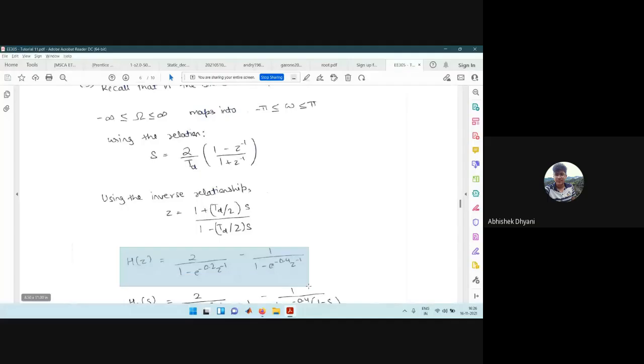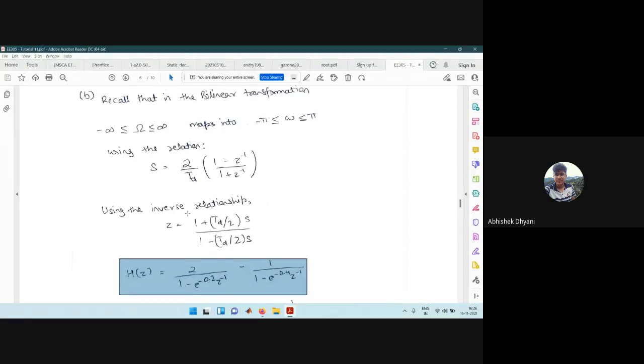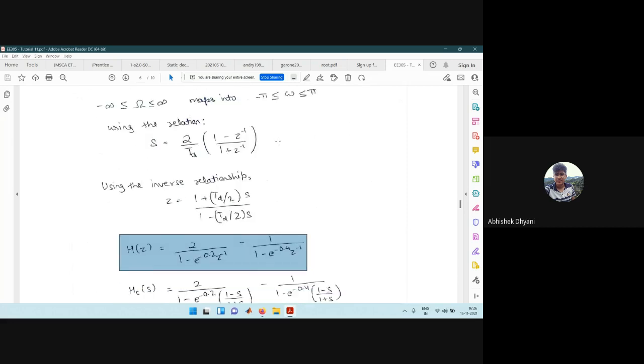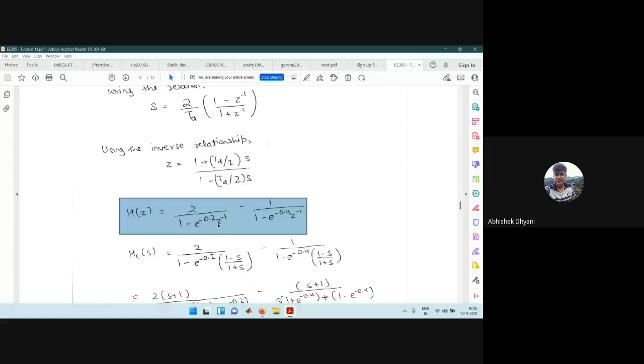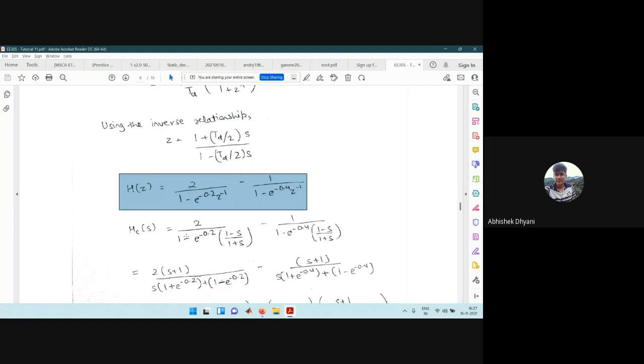We have been given this H of Z, and when I replace this Z with this part, I am basically doing the bilinear transformation. So I have substituted Z with S here, and Td is 2, so this part just becomes 1, and Z will be 1 plus S upon 1 minus S. And you see that I have replaced Z inverse with 1 minus S upon 1 plus S. Upon some calculations, I have just multiplied it with the numerator to give me this part.